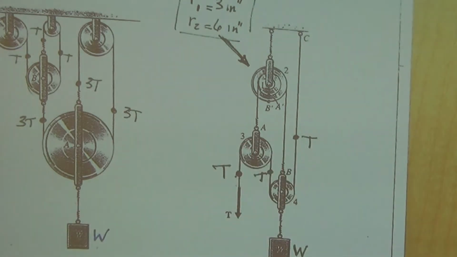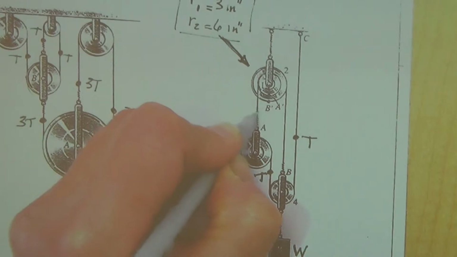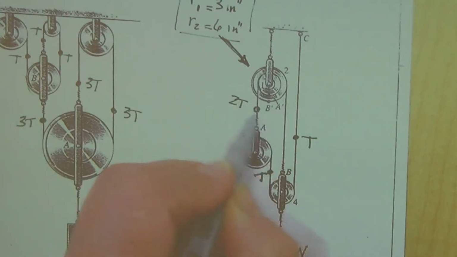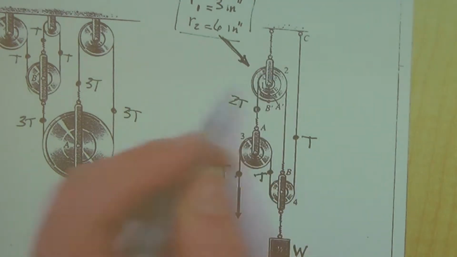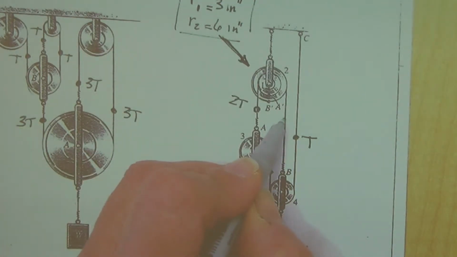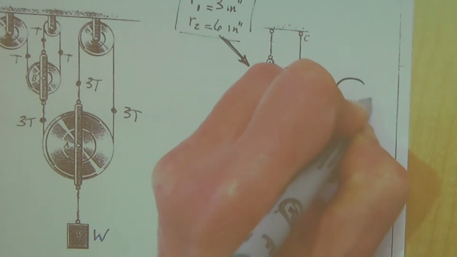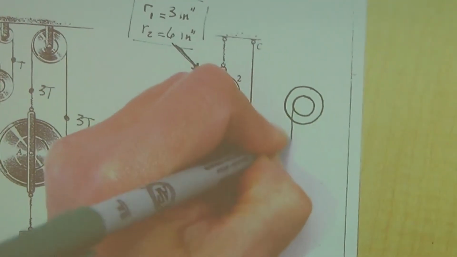T. Now, what's the force in this cable? 2T. Now normally, if it's a continuous cable and it's coming into and out the same pulley, then this would have been 2T, but it's not. So I'm going to draw the pulley. This one here is 2T.